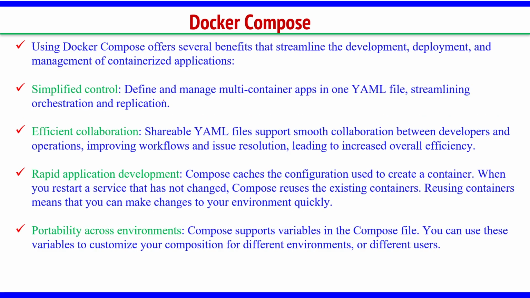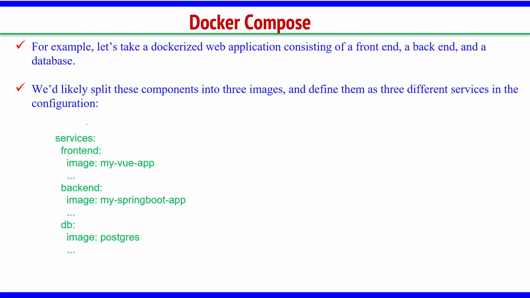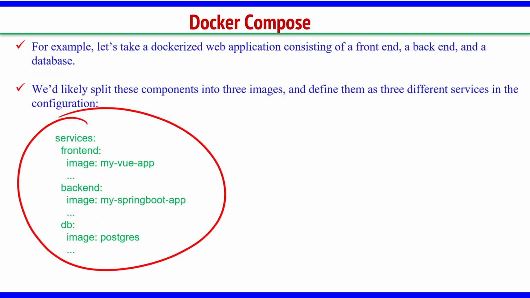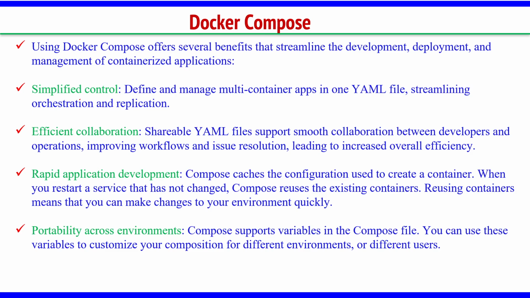Okay. So, what are the benefits of this Docker Compose? What is the advantage of clubbing the images into a single YAML file like this? Okay. So, if you see, it has lot of benefits. Simplified control, okay. Define and manage multi-container apps in one YAML file. Efficient collaboration.